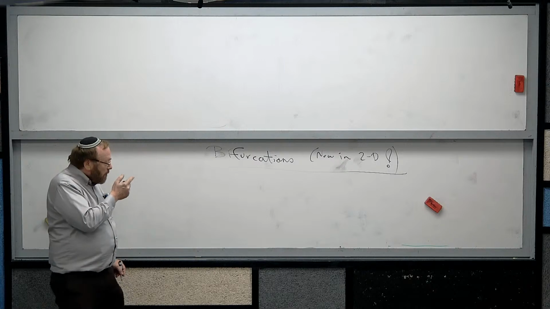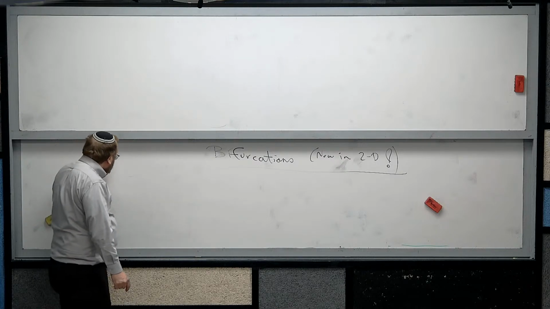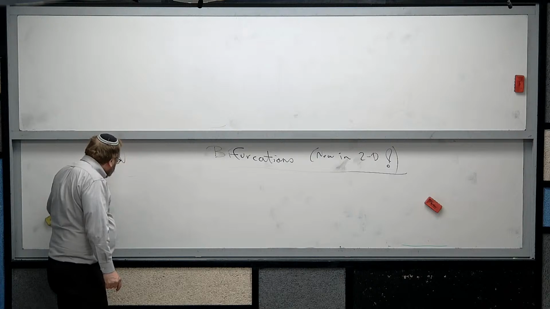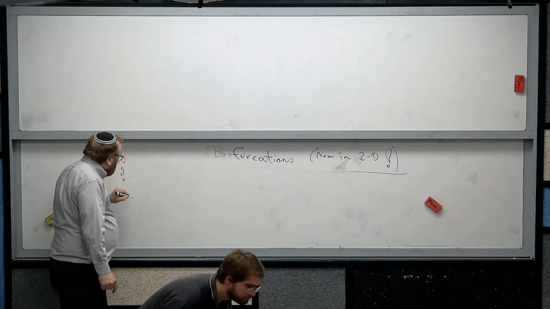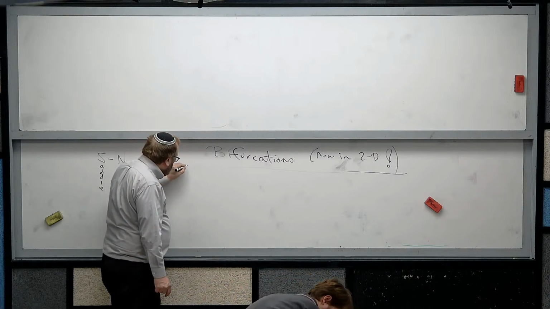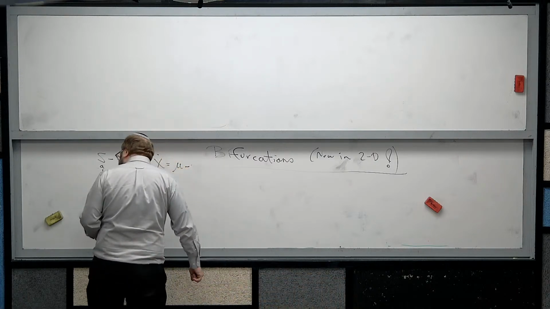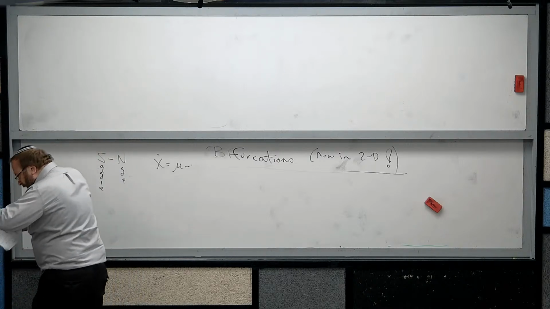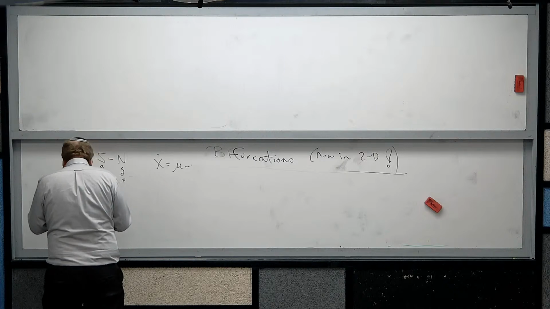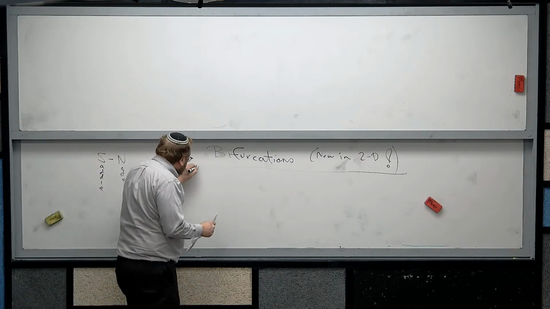All right, so let's start with our friend, the saddle node bifurcation. In 1D, it was x dot equals mu minus x squared.